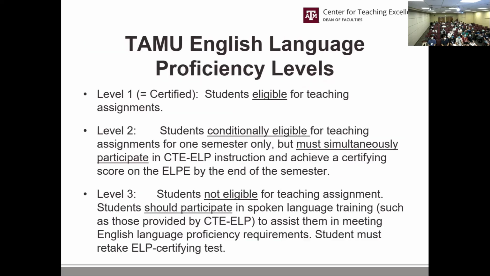So when I say certified, I mean level 1. And that means you're eligible to be a TA in terms of language proficiency. If I say level 2, I mean conditionally eligible. You are allowed to be a TA, but only for 1 semester. And during that semester, you're obligated to be in our English language proficiency program, starting at the beginning of the semester and being faithful to invest about 5 hours a week under our guidance.